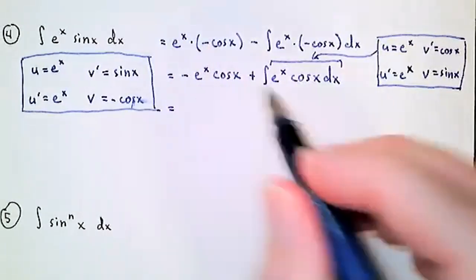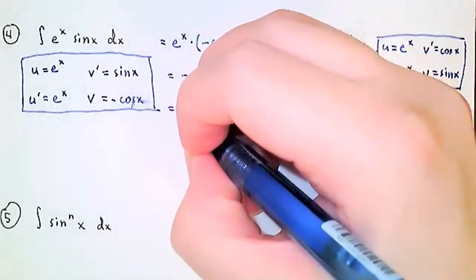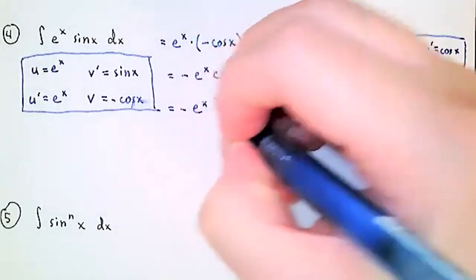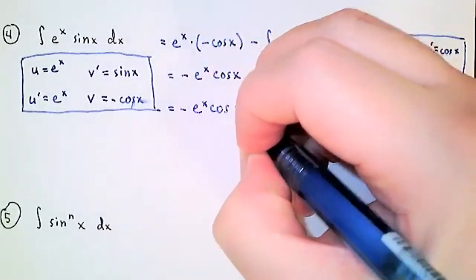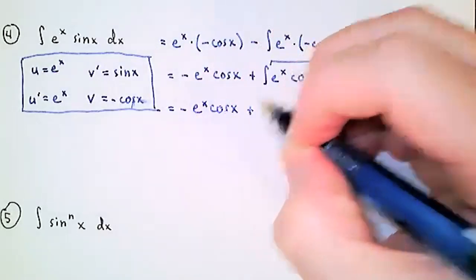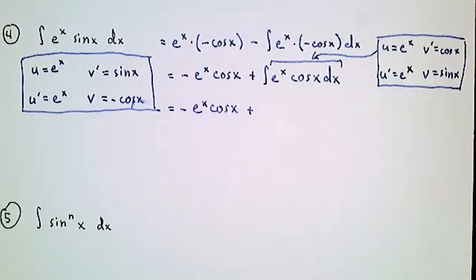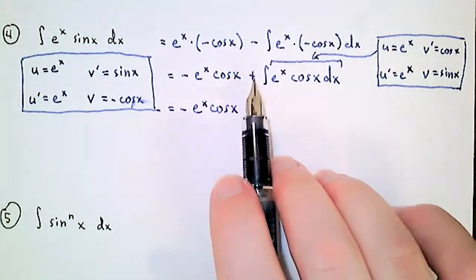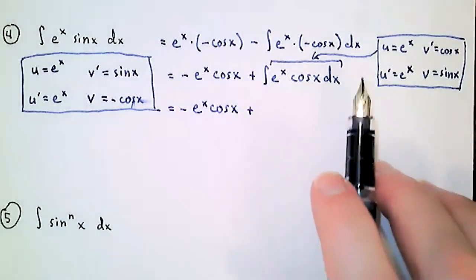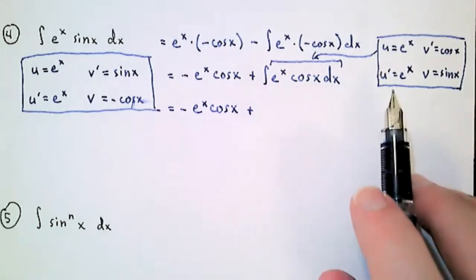Copy down this first bit that we don't have to worry about anymore, since it's outside of our integral. And now we have a plus sign, so we don't have to worry about it quite as much as we did last time when we had the minus. We don't have to worry about distributing a minus.